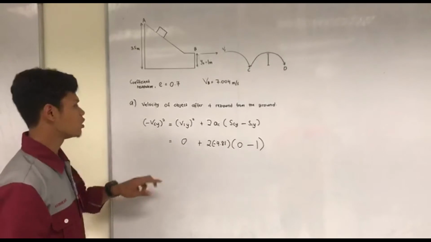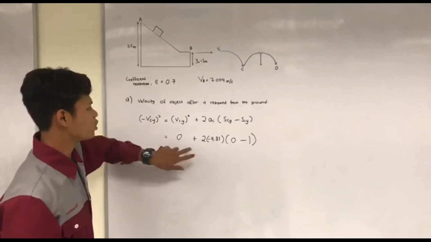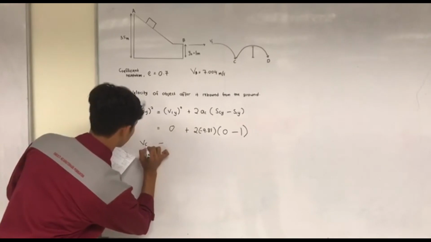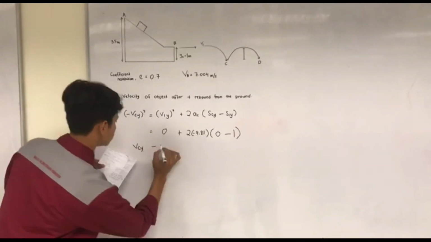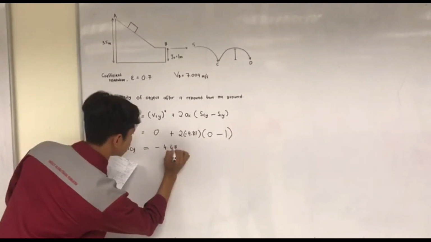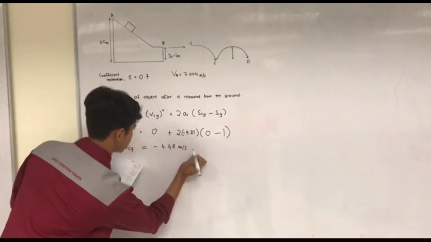After we calculate the equation, we get the answer. Velocity at point C on the y-axis is negative 4.43 meters per second.